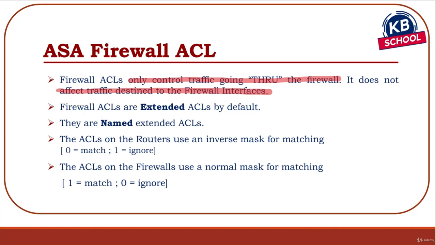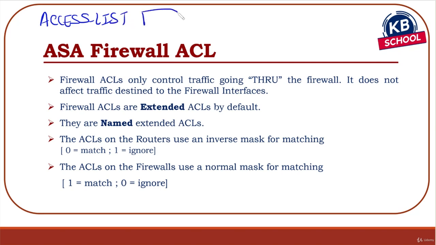Now, other characteristics of an ACL: firewall ACLs are extended ACLs by default. So when you type in the command access-list, which is the syntax for a firewall ACL, you put a name or a number, it doesn't matter. It's treated as a name. So let's say ABC or 101, it doesn't matter.